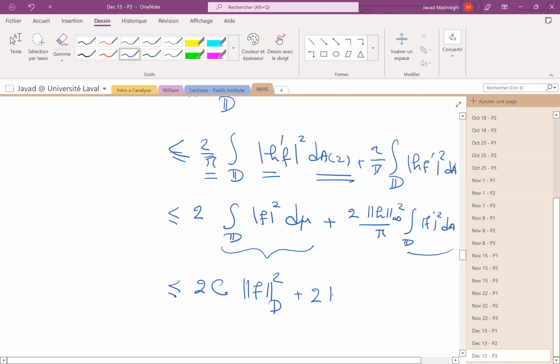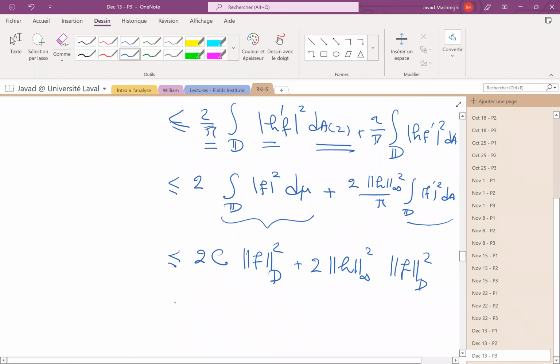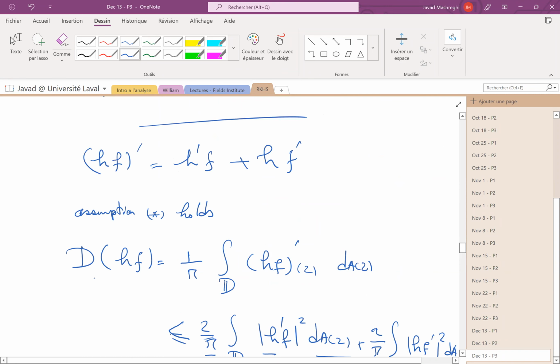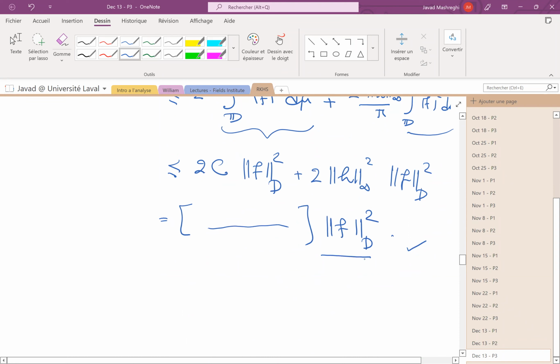So plus 2 norm h infinity squared norm of f in D squared, which is again a constant times norm of f in D squared. So we are done. We are done because this says that D(hf) is less than a constant times norm of f. So it means that h is a multiplier.